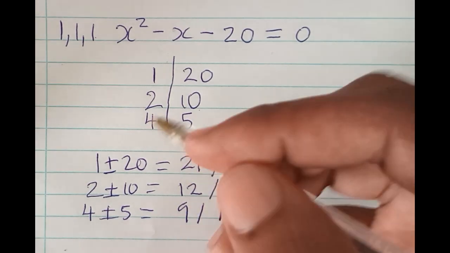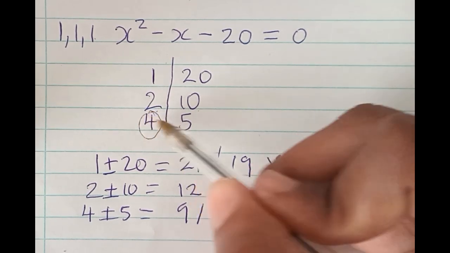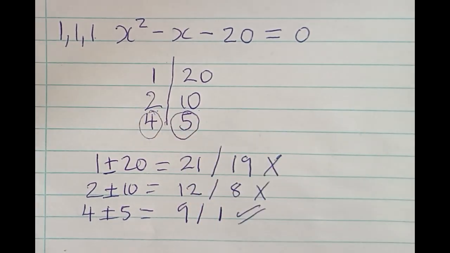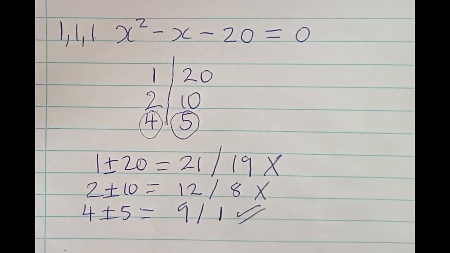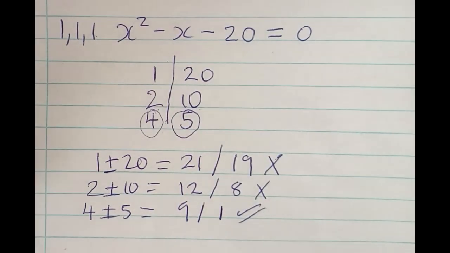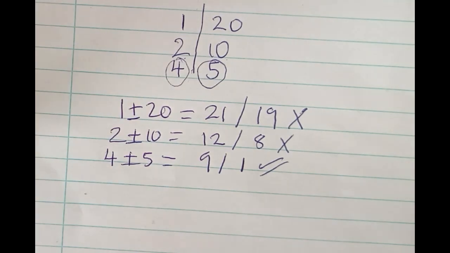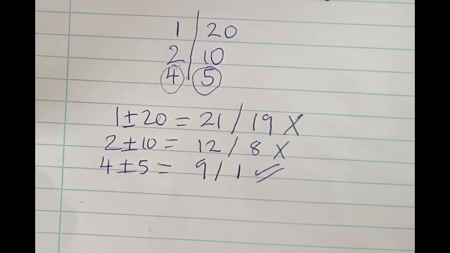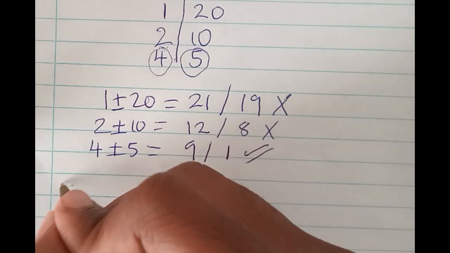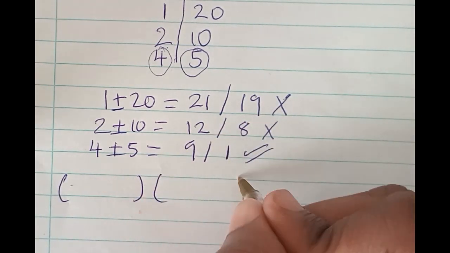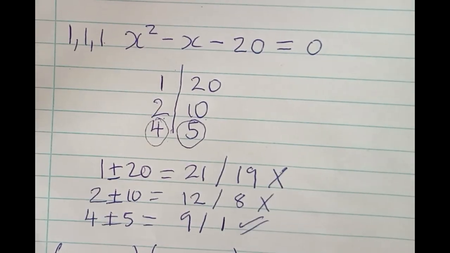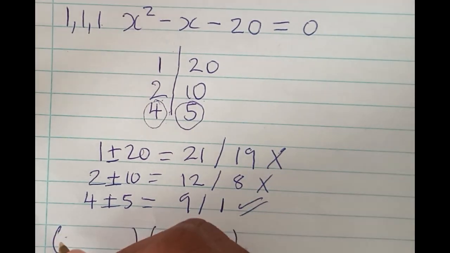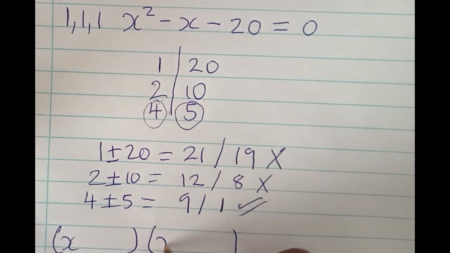So I will use these values, 4 and 5. Remember, here I was showing you steps. You should not write this on your answer sheet. Now we'll have to open two brackets, because remember it's x squared, which means we should write x.